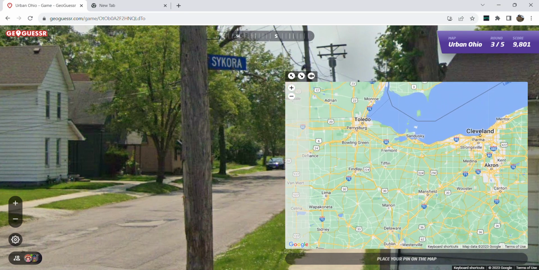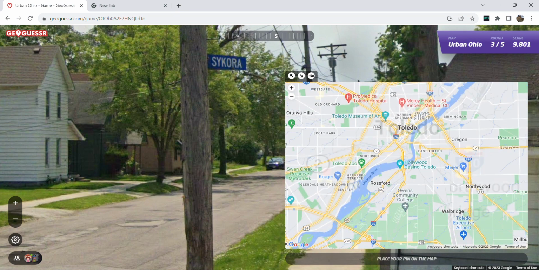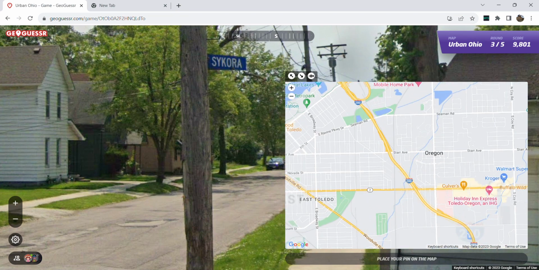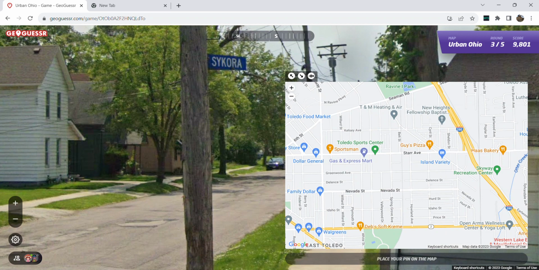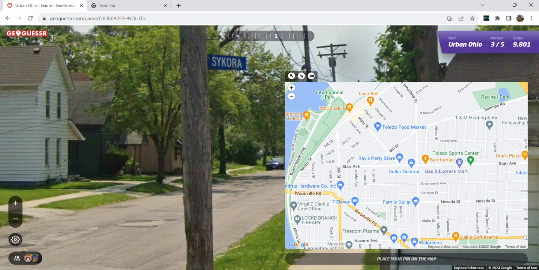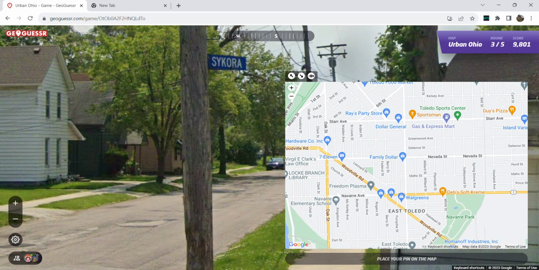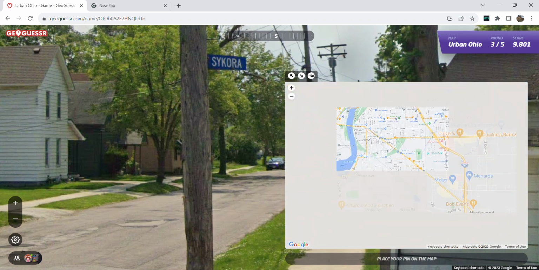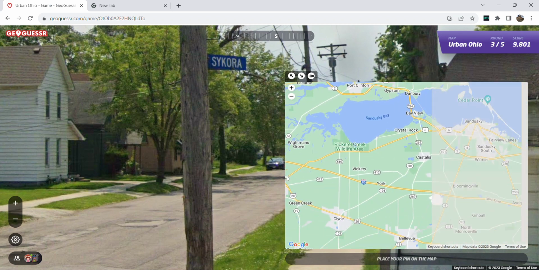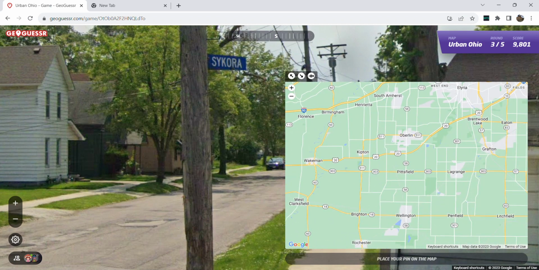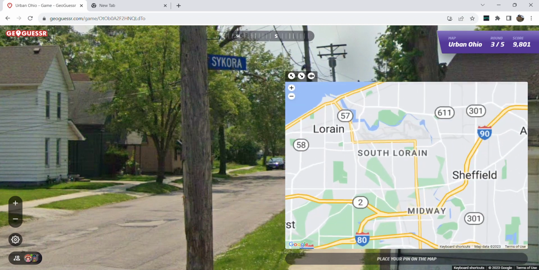Don't think we're Toledo. I think any part of Toledo, unless we would be somewhere like Oregon, I feel like anywhere in Toledo would be green street signs. Socorro. Feels similarly for Akron.